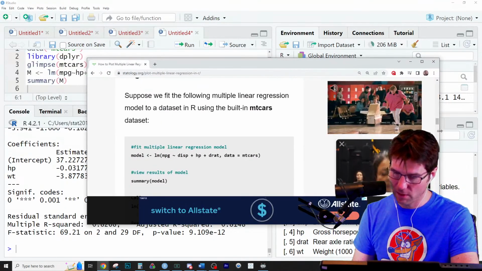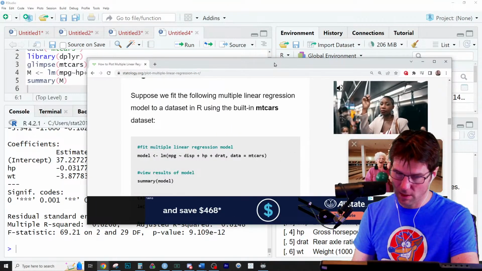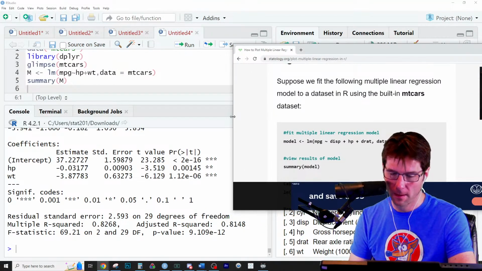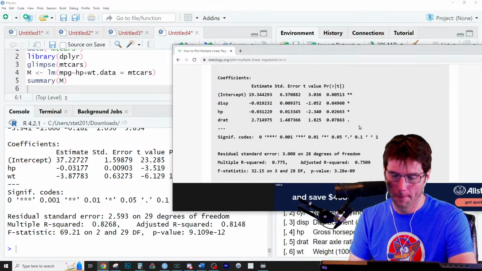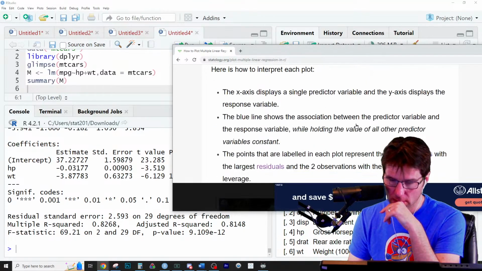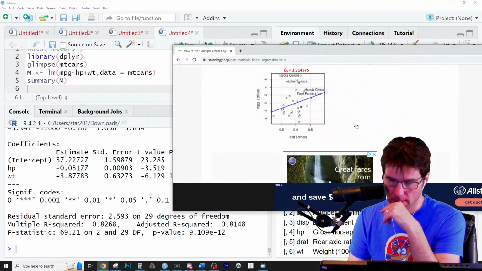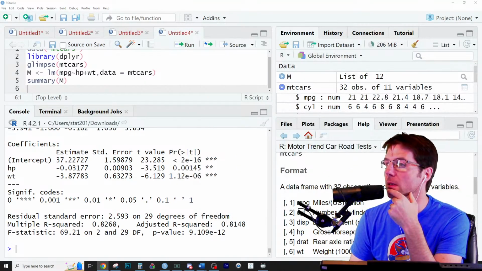And we got ads over there. Can we not show the ads? They're using the same data set, which is nice, and they're doing different plots. I don't love it.